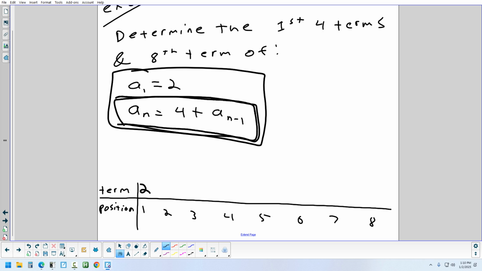That's the equation. You add 4 to the one before the one you want to know. To find a term, add 4 to the one that came before it. So if you want to know the second term, add 4 to the one that comes before it. So what's the second term? 6. And the third term? 10. And the fourth term? 14.